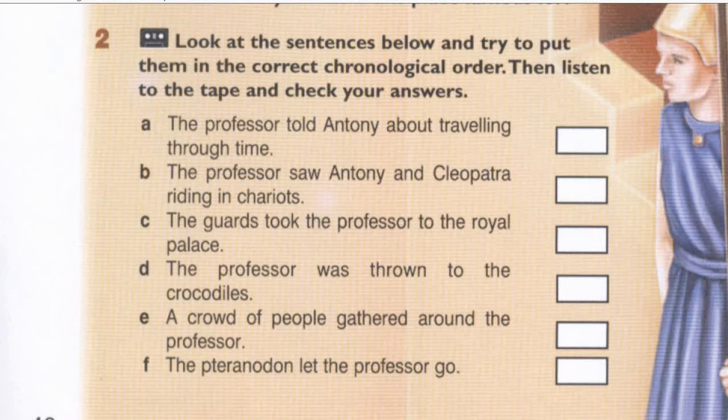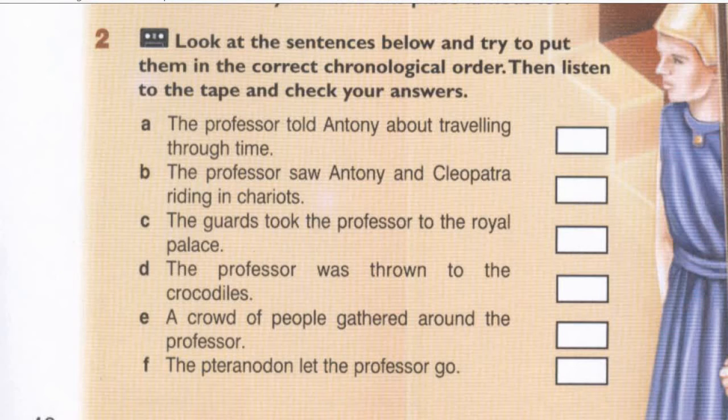They married. Okay, and then before Antony, Caesar was her husband. So it was sort of an alliance between Romans and Egyptians at the time.